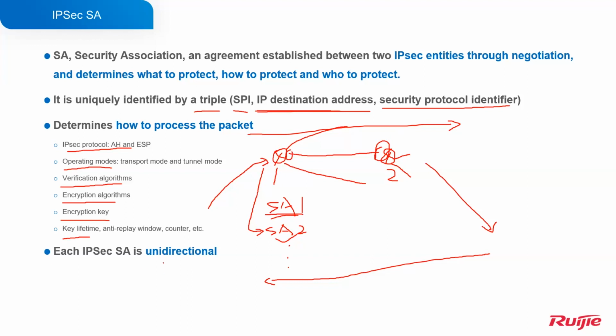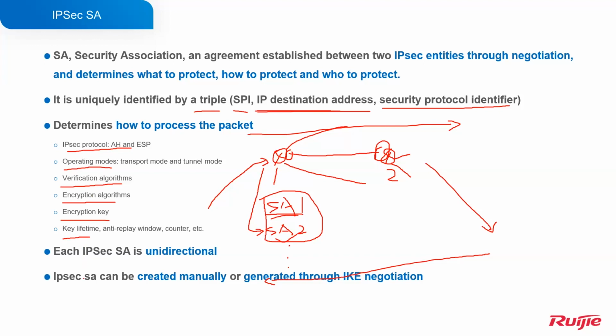So this is unidirectional. If you want to ping from left to right and receive the ICMP reply, on router 1 at least 2 SAs are located. So this is the IPSec SA. It's very important.